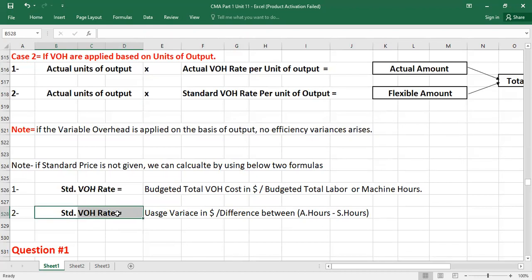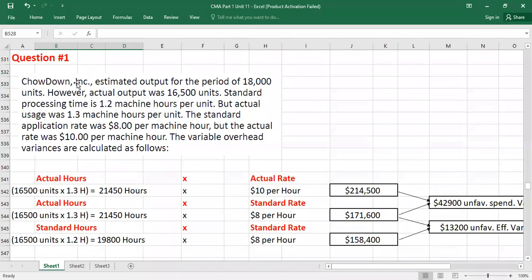Now we are going to move to the question, and let's apply whatever we have learned in the concept, to make it more clear. We have Showdown Inc., with estimated output for the period of 18,000 units. This is the estimated output. However, actual output was 16,500 units. This is the actual units.